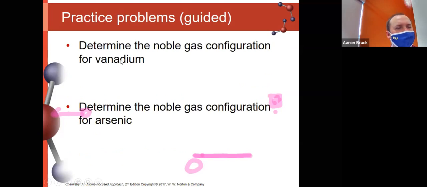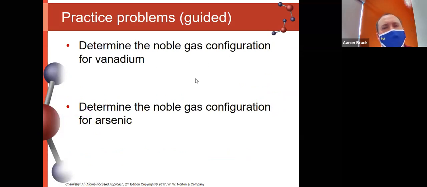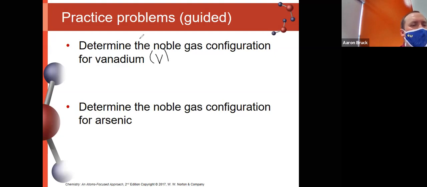So let's close out today by doing a couple of noble gas configuration problems, just to put ourselves in the right direction. So we start with vanadium. Vanadium, element V. Vanadium is a transition metal, element number 23. If I go back from vanadium, I get to element number 18, argon, Ar.